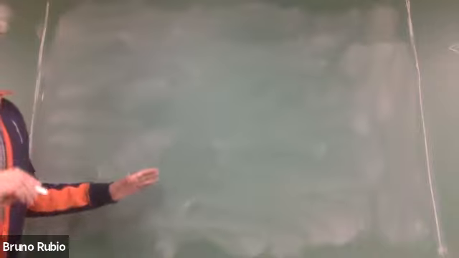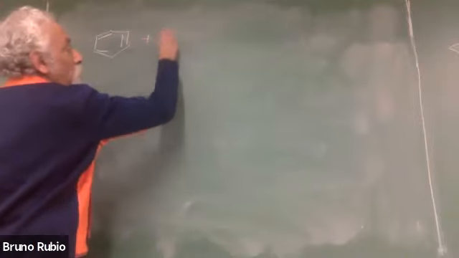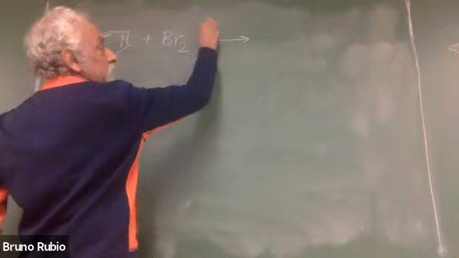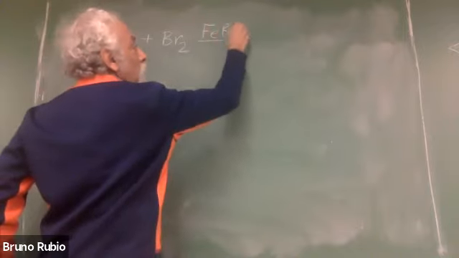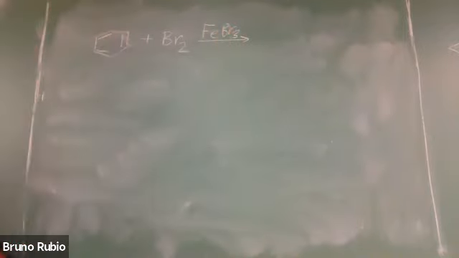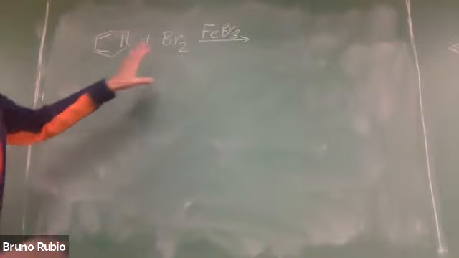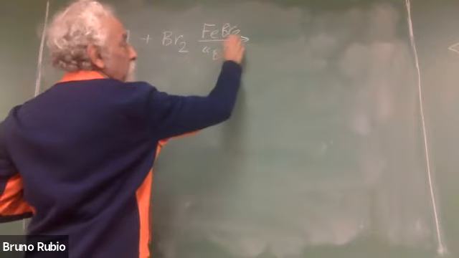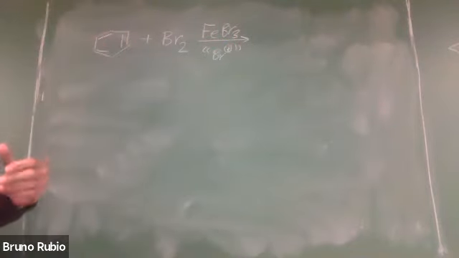So I just want to talk more about the generalities of this reaction, but let's just look at one concrete example. If we start out with benzene and react that with molecular bromine in the presence of iron trichloride catalyst, this is a way of generating, and I'll put this in quotes, the electrophile Br+.